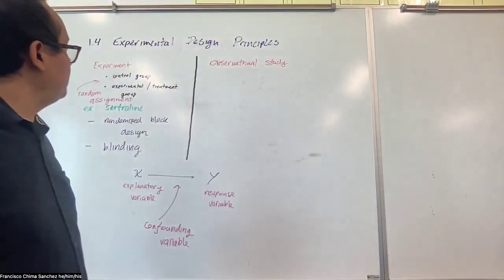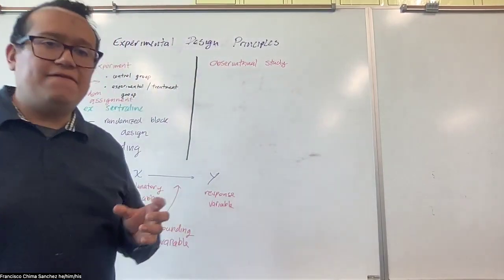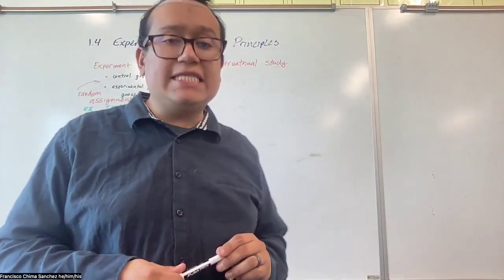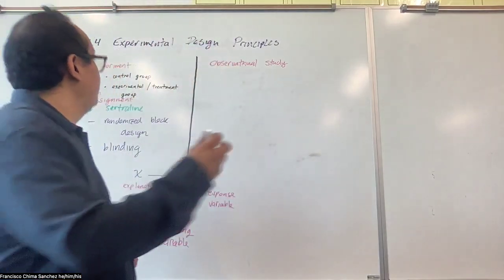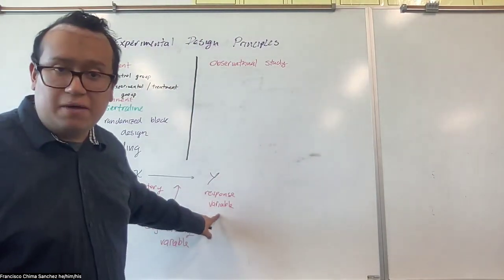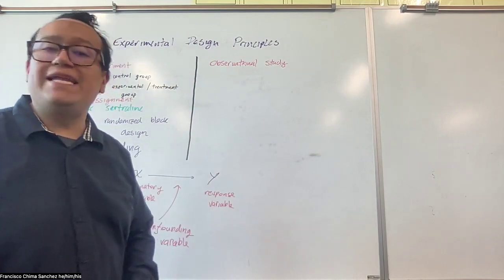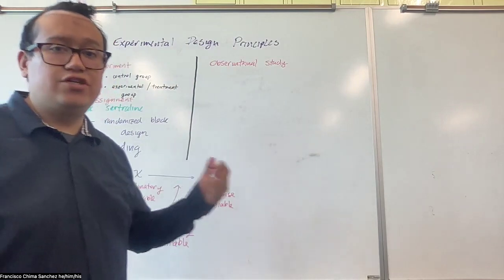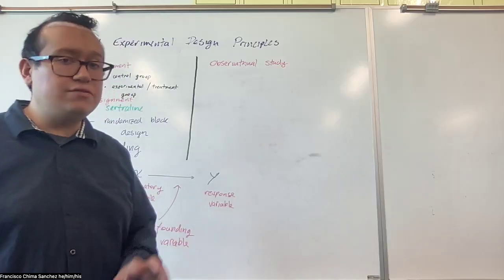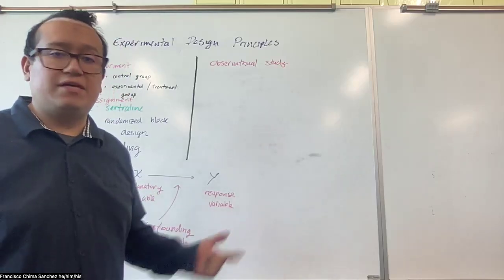As for observational studies, they are different because we have less control over the situation. An observational study necessarily is looking at an explanatory variable and its effect on a response variable, except we cannot randomly assign into a control group or an experimental group. There may be a natural control group and a natural treatment group, but we don't randomly assign.